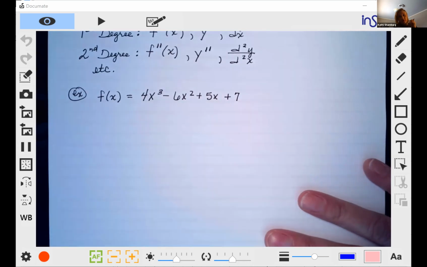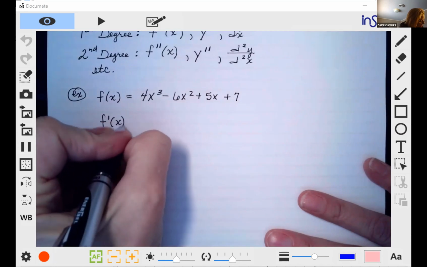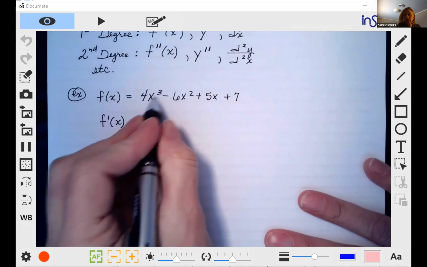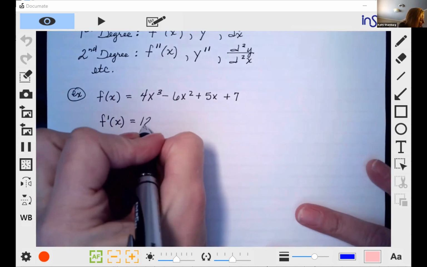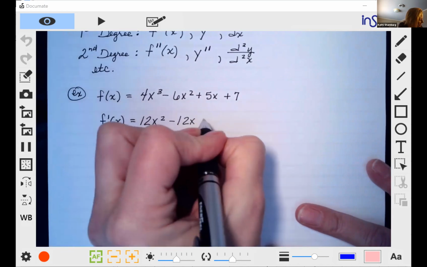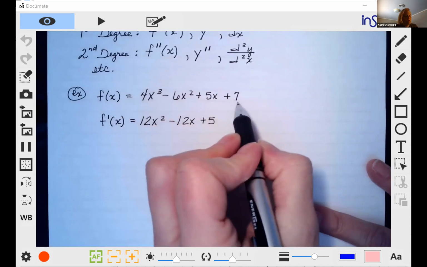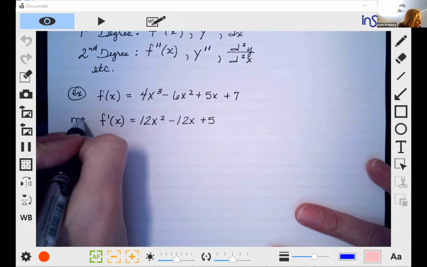And so if we were going to find the rate of change for that, or the first derivative, of course, we're going to use the rules that we have learned previously. So we would have 12x squared minus 12x plus 5, and of course, the derivative of 7 is 0. So this would be the rate of change.